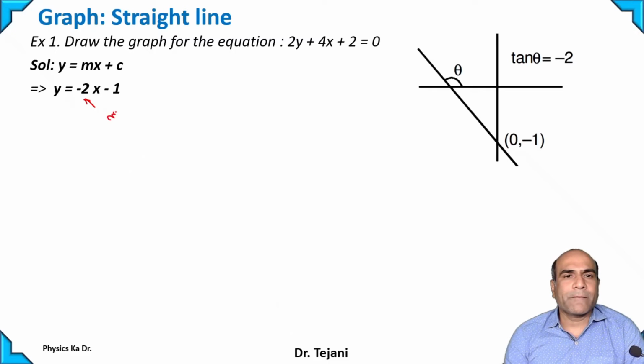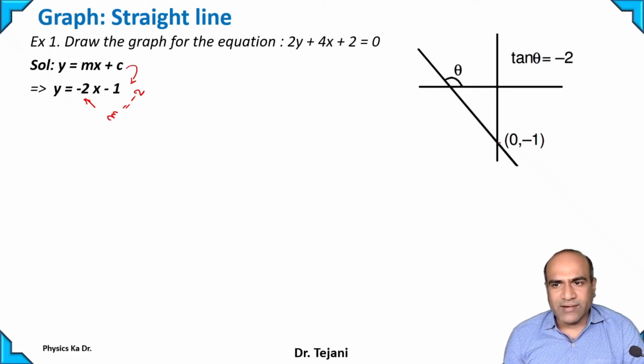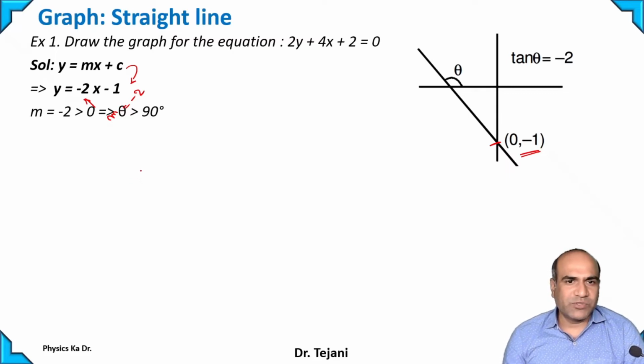M is minus 2, that means m is negative. The second thing is that c is minus 1, that means the line cuts the y axis at minus 1. That means the y intercept is at 0, comma minus 1.